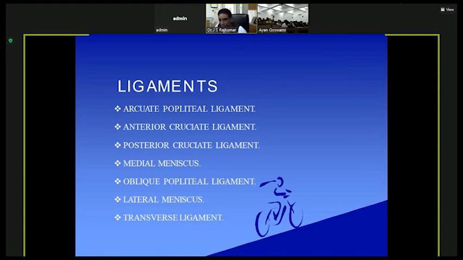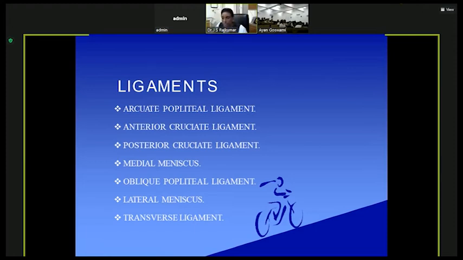Posteriorly, you have what's known as the popliteal ligament. Anything that says popliteal refers to the back of the knee. I repeat, popliteal means back of the knee. There is a beautiful muscle inserted into the knee joint, back of the knee, known as the popliteus. The popliteus is the muscle that makes you stand stably.